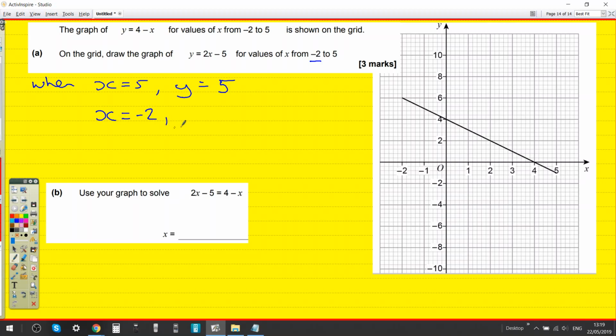Alright, okay. So x equals minus 2, so minus 2 times 4 is minus 8. What am I doing? So minus 4, and what do you do next?